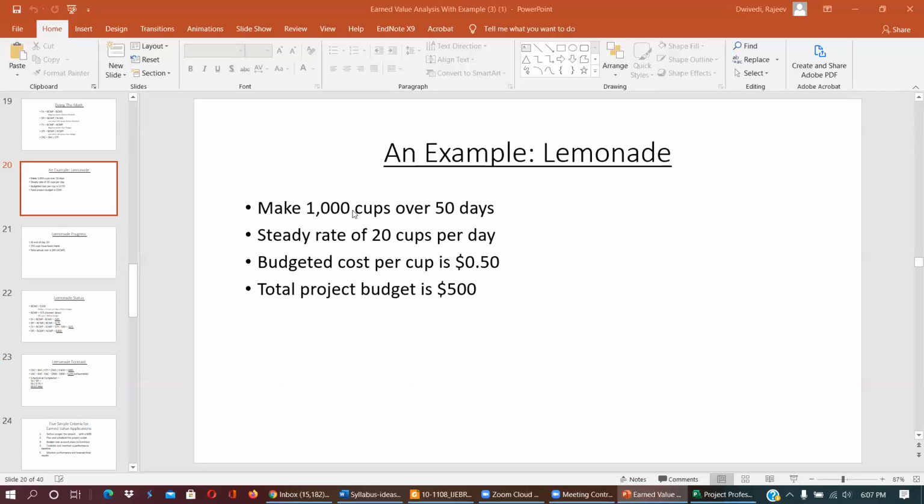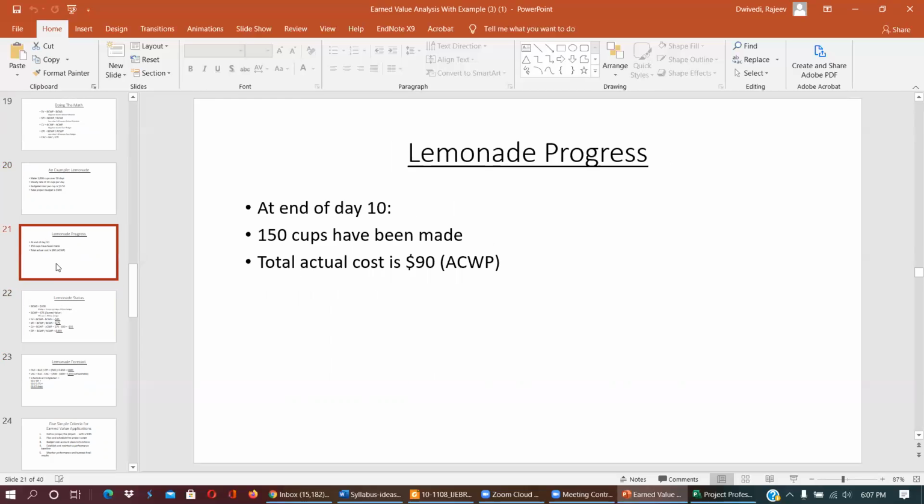So this is our project, and it is very well planned. Now, while the project is going on, management wants to see the project performance, how the project is going.